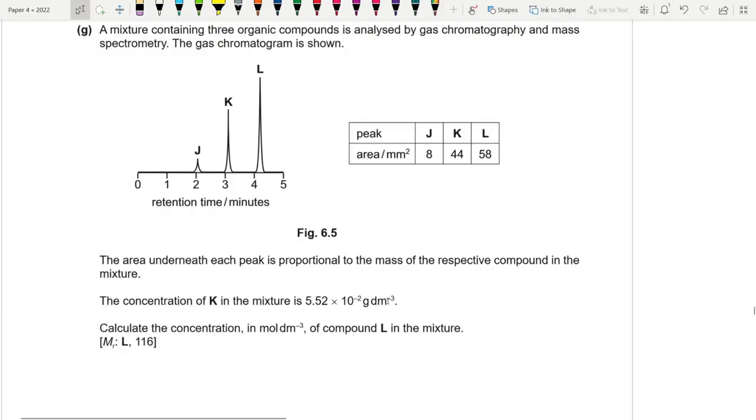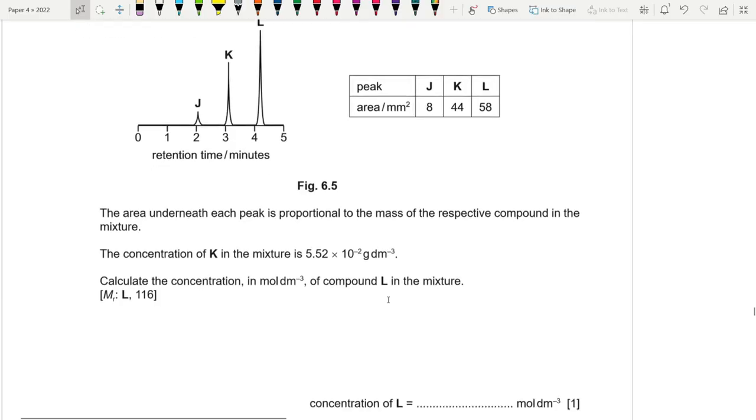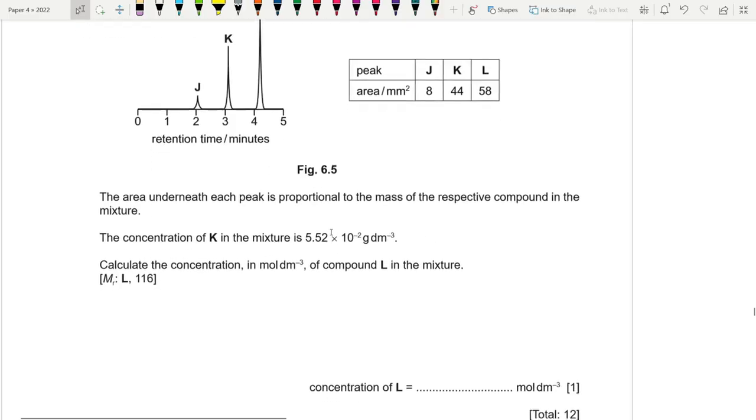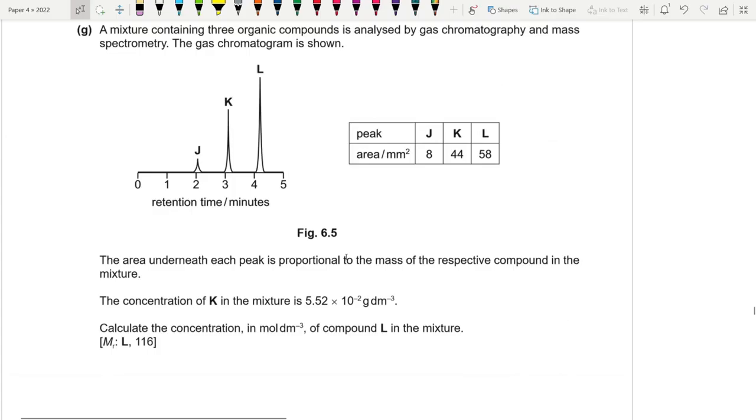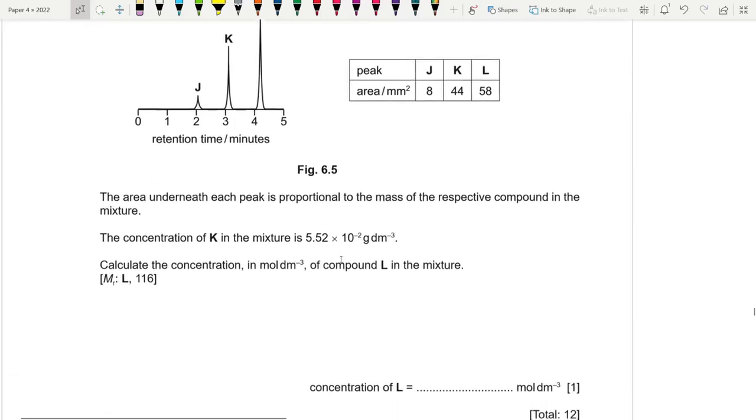Okay, so basically, using this information, we can find something out. Let's do this. So area is proportional to the mass of the respective compound.